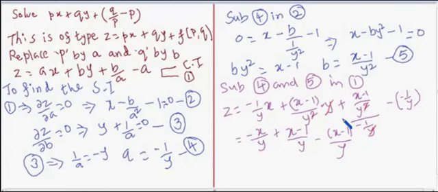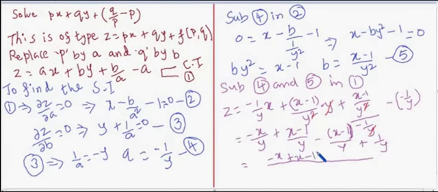All the terms have y, so taking LCM as y, this is minus x plus x minus 1 minus x plus 1 divided by y.